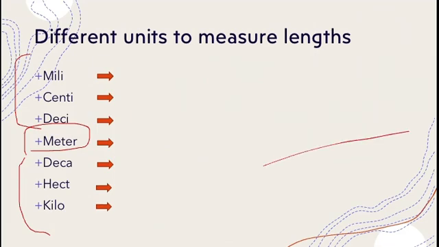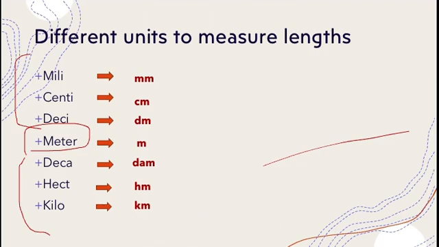For milli it is mm, for centimeter it is cm, for decimeter it is dm, for meter it is m, for decameter it is dam, because deci and deca would get confused. This is dam, that is decameter. Hectometer is hm, kilometer is km.